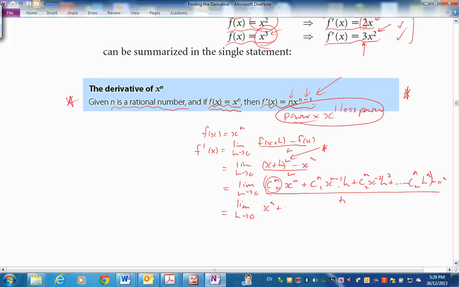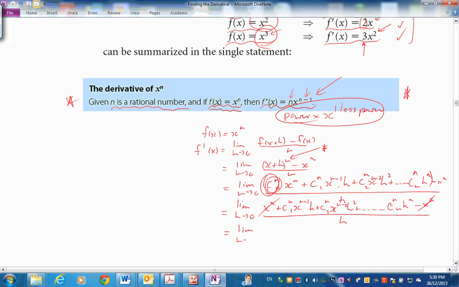So it's x to the n plus nC1 x to the n minus 1 by h plus nC2 x to the, well, I think I made a mistake there. n minus 2, I've left out the n minus 2. nC2 x to the n minus 2 by h to the 2, plus right up to nCn h to the n, take x to the n, all over h. Now because this is 1 up here, that's x to the n take x to the n, there are no x to the n's left.